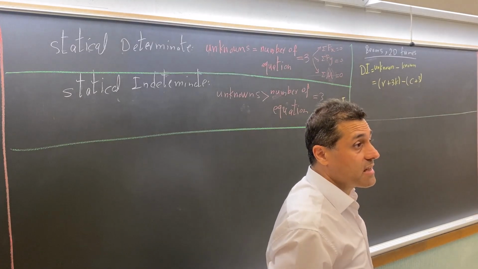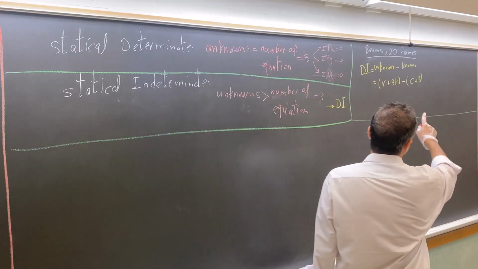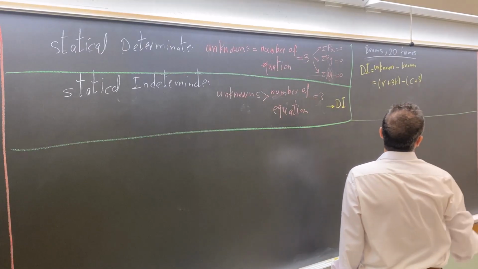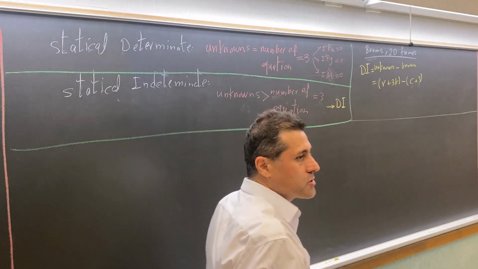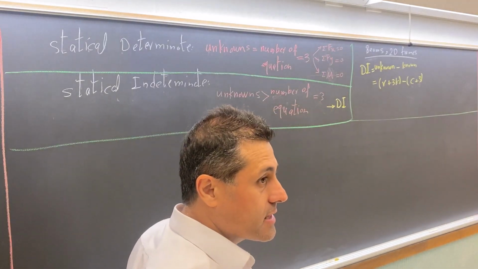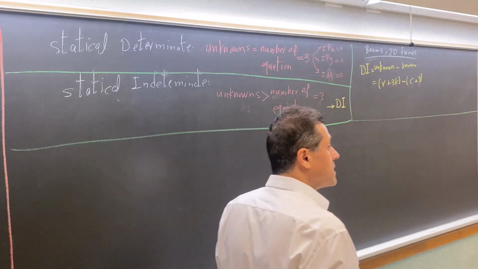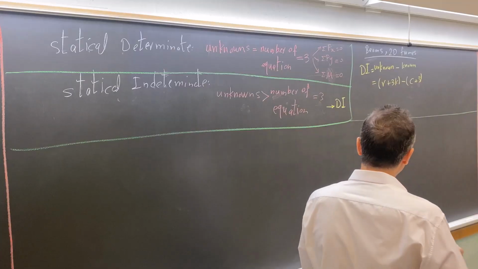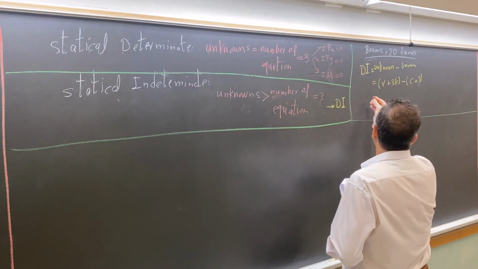We always have these 3 equations. So this number is fixed, 3. C is the number of condition equations that comes from the internal hinge or pin. So now I introduce these parameters here.